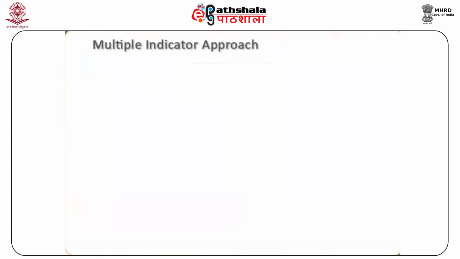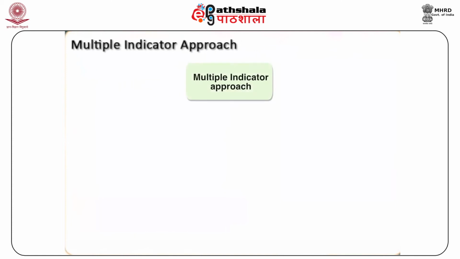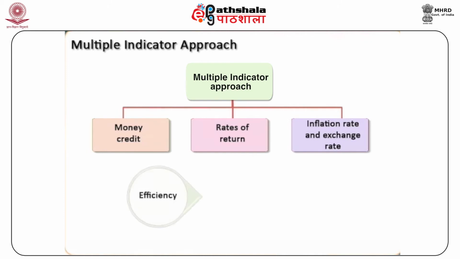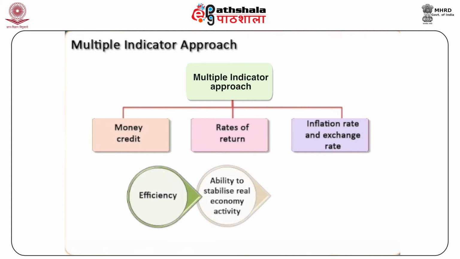In the multiple indicator approach framework, information content from a host of quantity variables such as money, credit and rates of return in different markets, inflation rate and exchange rate are analyzed for drawing monetary policy perspectives. The efficiency of monetary policy under this approach is judged in terms of its ability to stabilize real economic activity and inflation and also ensuring financial stability consistent with policy objectives.